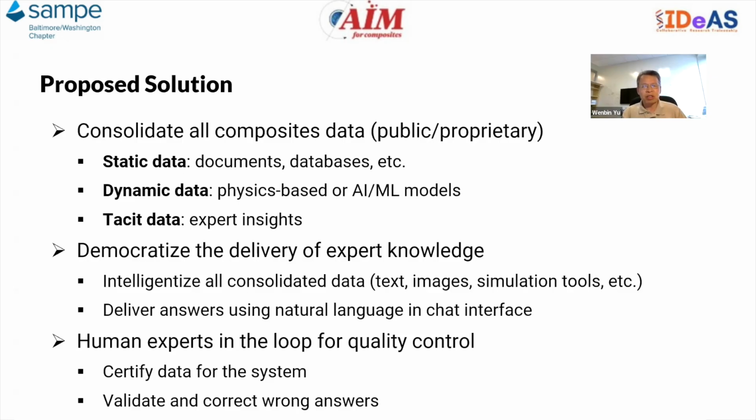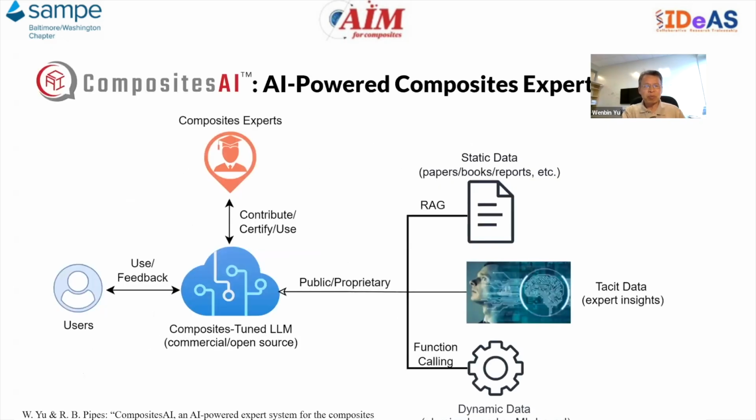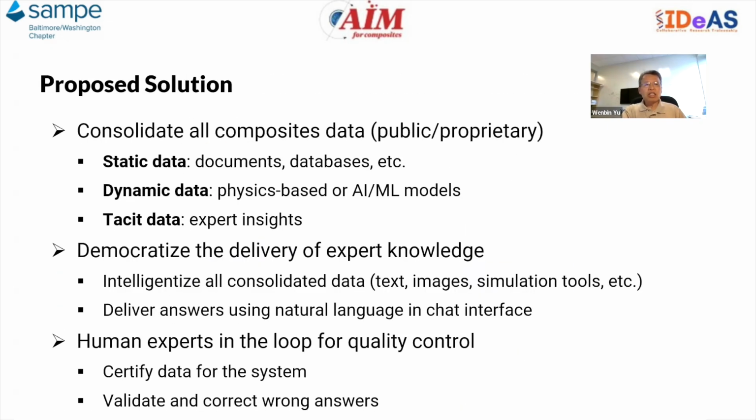I said, hey, some people asked questions about double-double. Those are the answers provided by CompositesAI, but I'm a little bit suspicious about the correctness of the answers. Can you help correct them? He was gracious enough to go ahead and correct those answers, and then I put them back into the system.